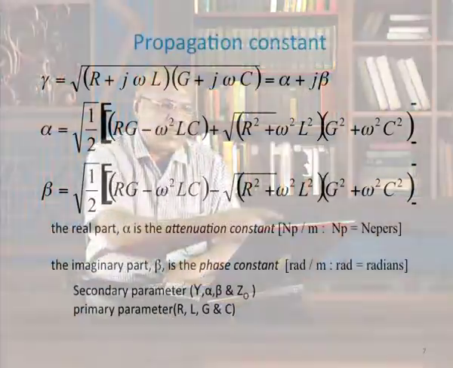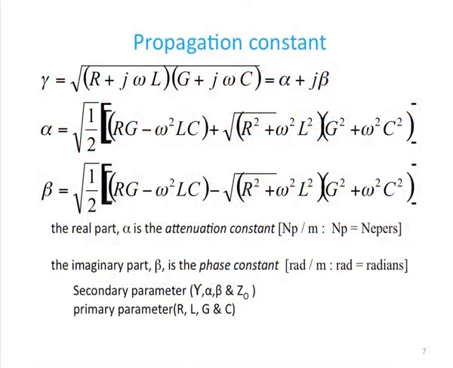If we try to find the values of alpha and beta, alpha is the attenuation constant and beta is the phase shift constant. From the expressions, we square the first equation, and then by equating the imaginary and real parts separately, we can find the general solutions of alpha and beta, which ultimately depend upon R, L, G, C and the operating frequency omega.